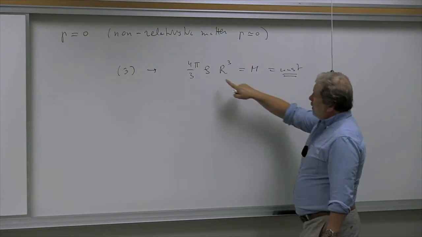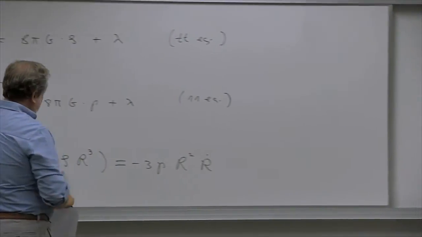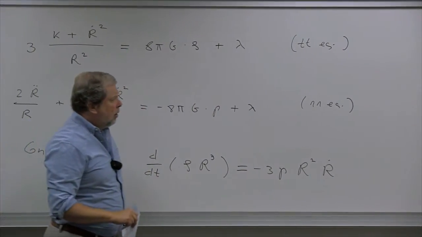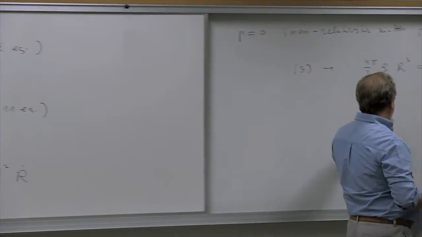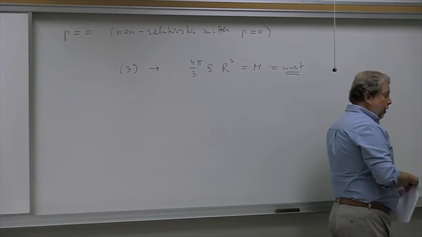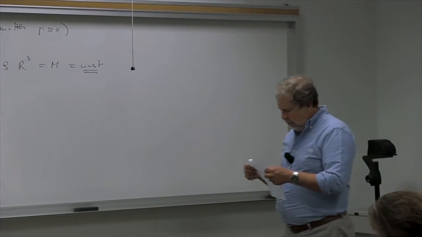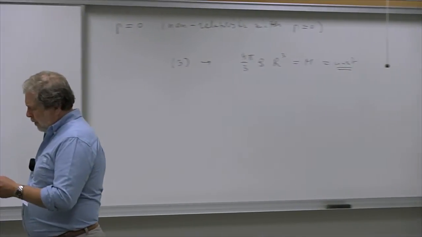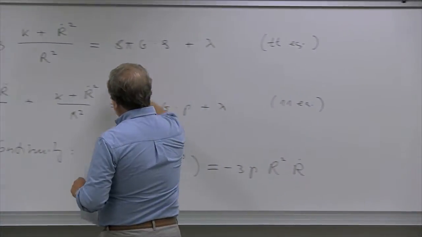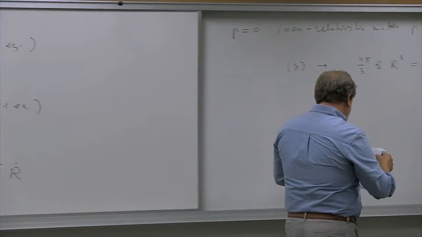And so that tells us that the product of rho times r cubed is a constant, and we call that constant capital M, and we add a constant in front as well. And so that's a useful way of looking at it. And then we can look at, say, the first equation. Right? So I look at equation number 1.